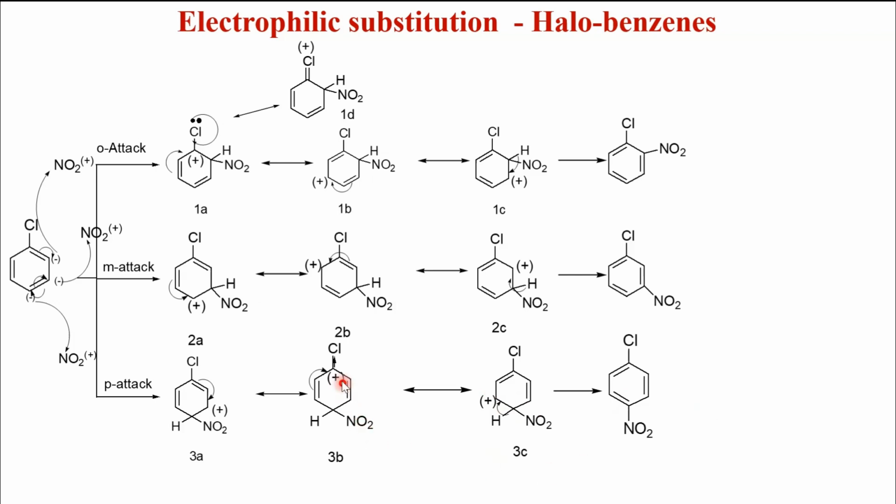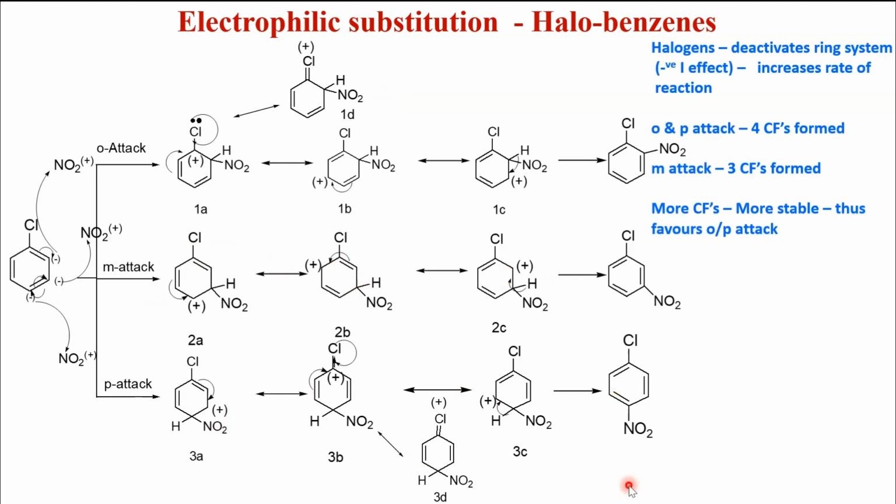The electrons of this carbon-hydrogen bond are utilized to satisfy this positive center and it gives rise to para-nitrochlorobenzene. Here you see in the case of 3B, the positive center is formed at the position where chlorine is attached. The lone pair of electrons on the chlorine can also move and satisfy this positive center, giving rise to a new canonical form 3D. If you see the ortho attack, para attack and meta attack, when ortho attack and para attack take place, four canonical forms are formed, and when meta attack takes place, three canonical forms are formed.